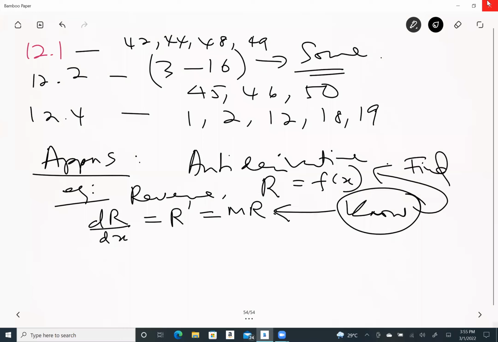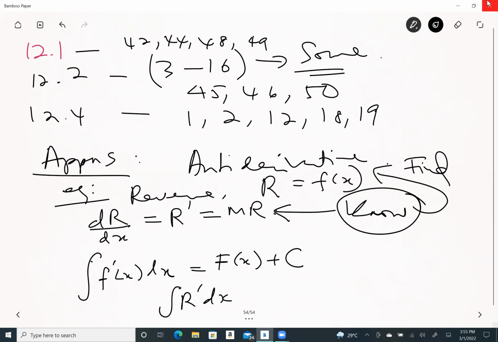So we apply the integration. So the integration, if you recall, you have f prime of x dx. I integrate that, I get the integral. Okay. So similarly here, if you are given marginal revenue, R prime, integrate that with respect to x, what do I get? I get revenue plus constant. Okay, so that is example for revenue. Now, similarly for cost, what is the derivative of the cost function?